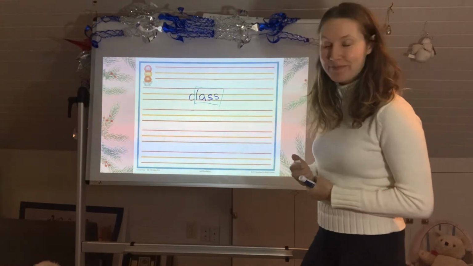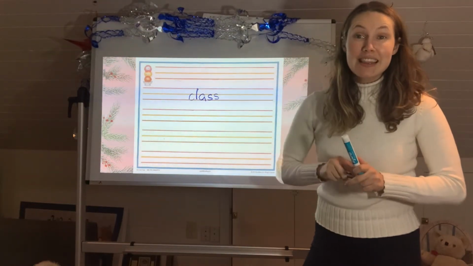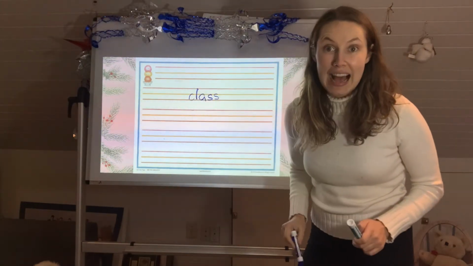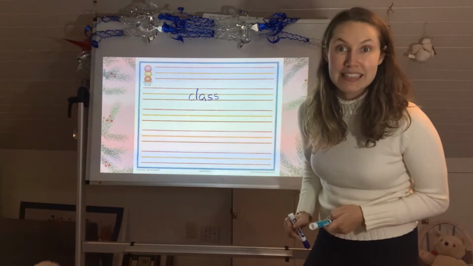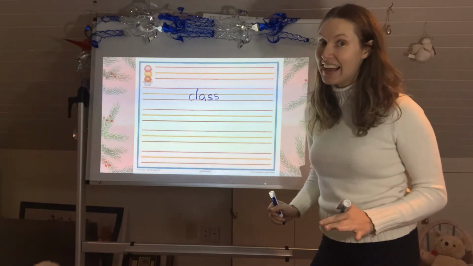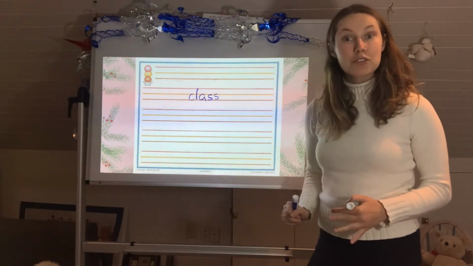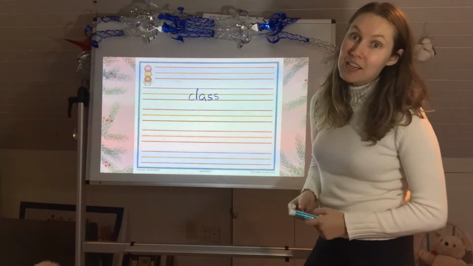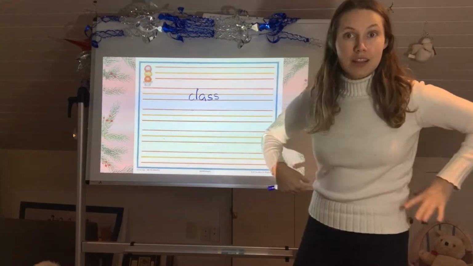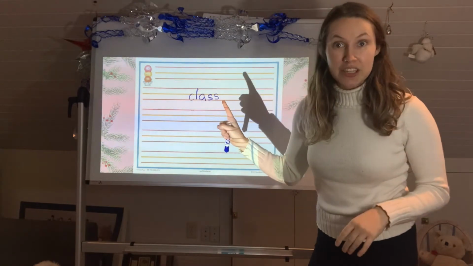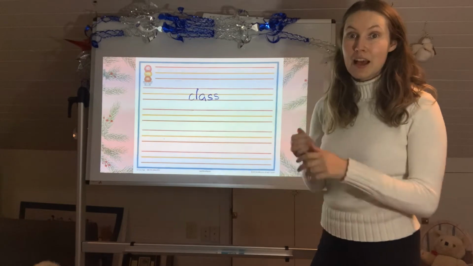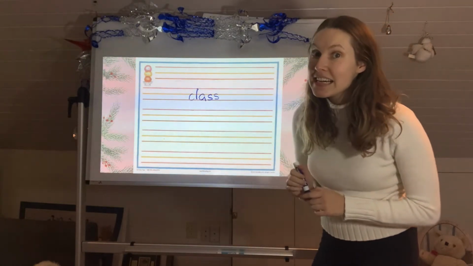That's pretty cool. Okay, we're going to do another one. This time I'm going to change the word class to glass. Instead of class, I want it to say glass, like the window is made of glass. So now what do I need to change? Right now I have the word class, but I want it to say glass.